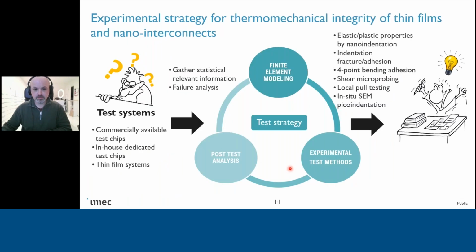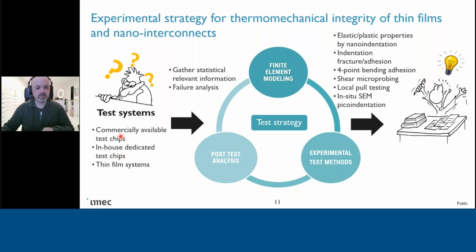Now, of course, how to rank materials and to know how we can investigate this more. What we do is we have different test systems. This can either be a commercially available test chip or an in-house dedicated test chip. In-house means that we process our own levels and own technology.